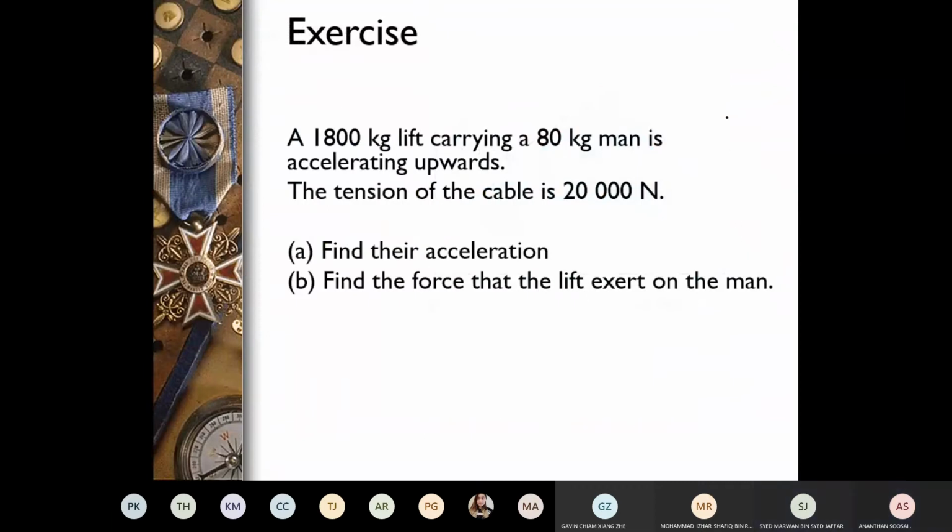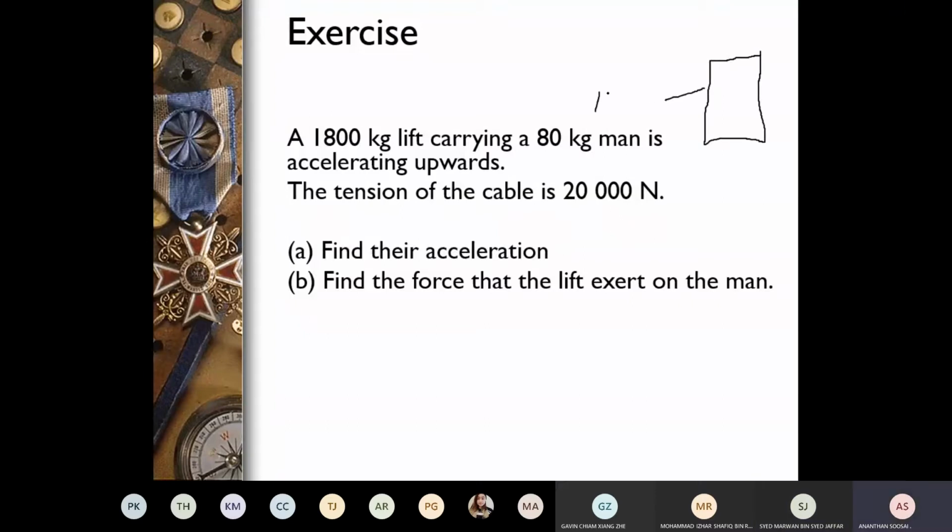Now another question. This is a lift. Same system, acceleration. Find the force that the lift exerts on the man. You have a lift.